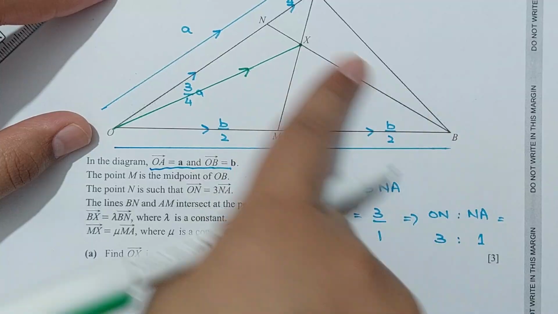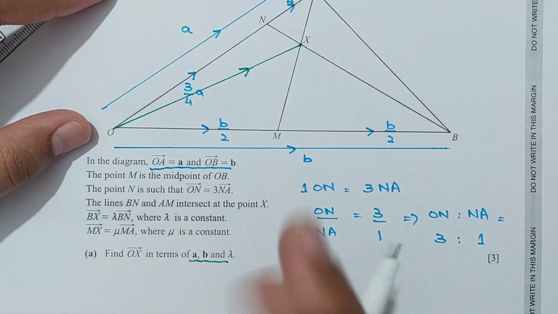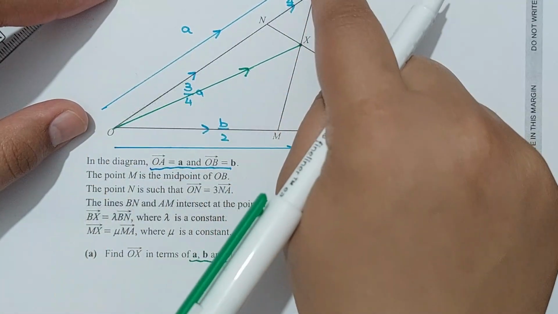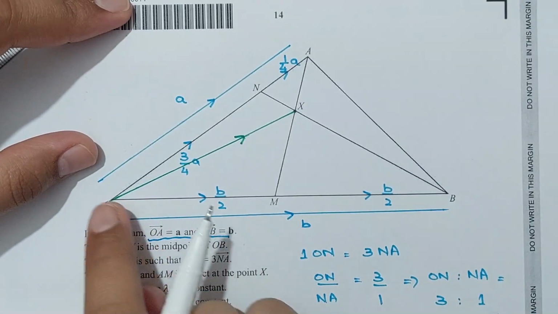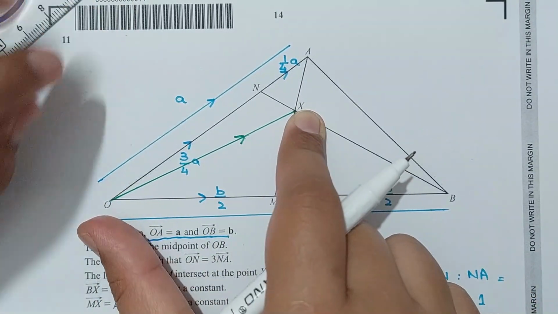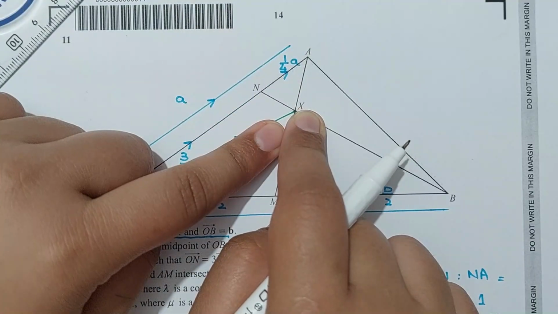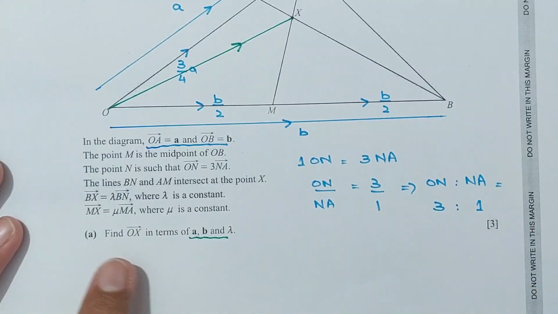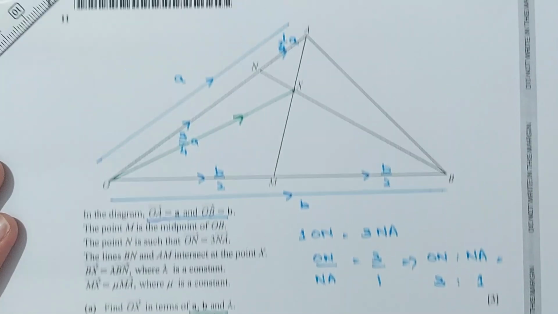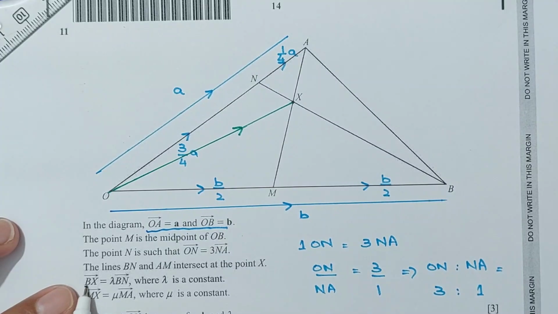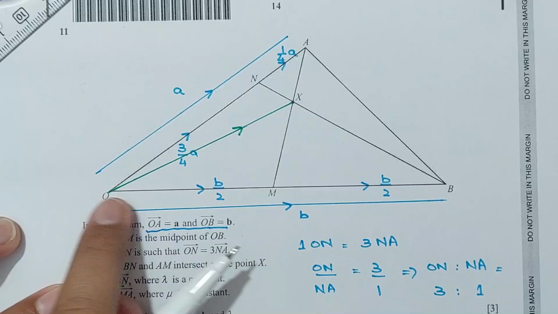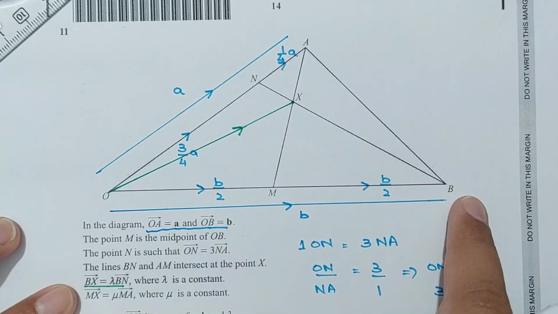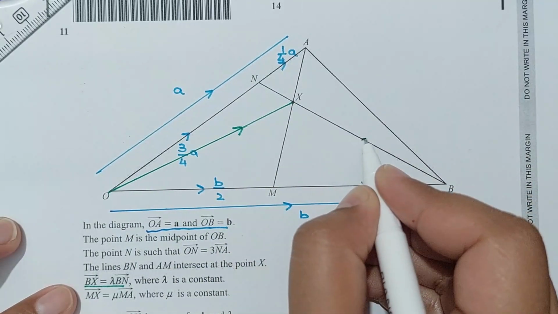We have to follow this path because you can follow OX with the help of the other path, OA and AX, but they said you have to find OX in terms of AB and lambda. So where is the lambda? Lambda is in this path. BX is lambda times BN. So OX follows the path of OB and BX.